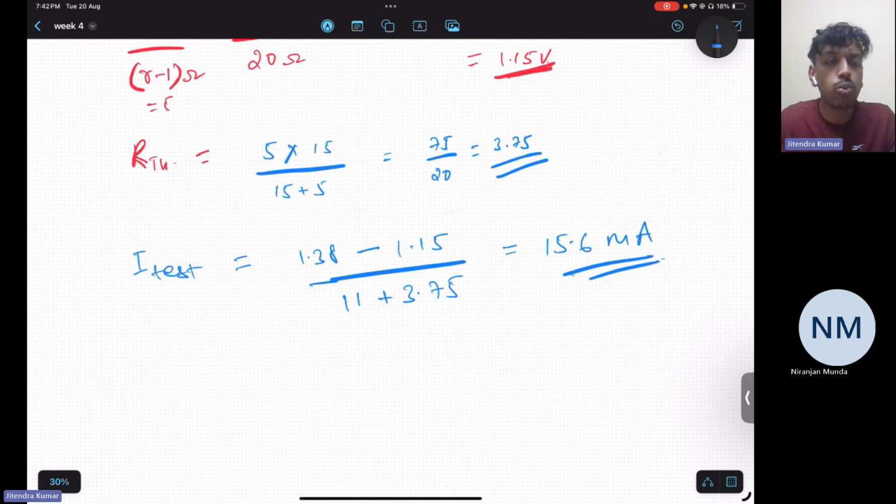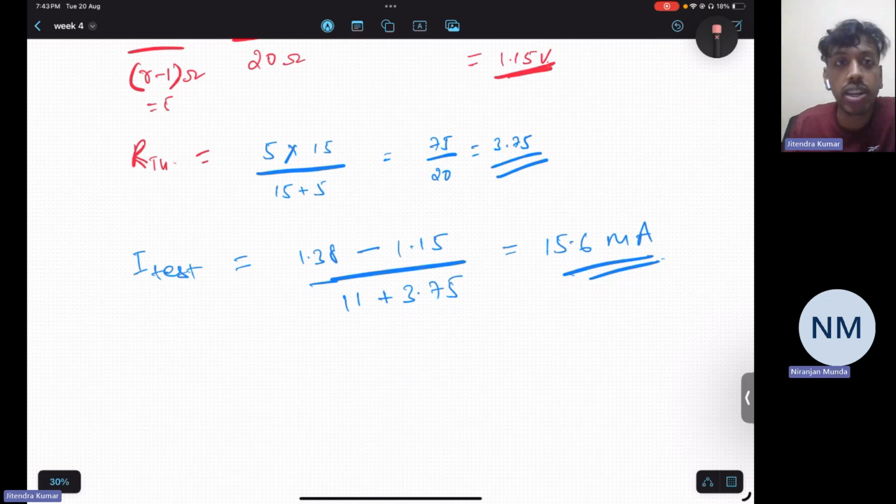Okay, so in the current week assignment, is there any problem based on the Kelvin-Varley decade potential divider?